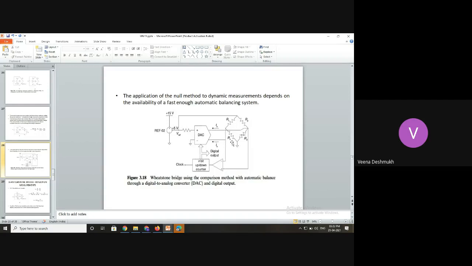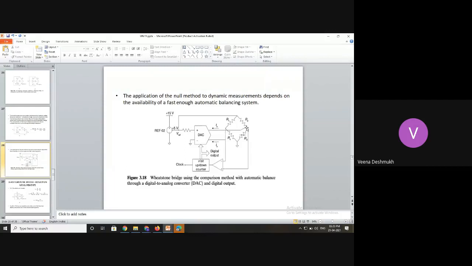Now you can see here a slightly different version of the circuit we just now studied. Now what I mean by slightly different is here also you have the same bridge with the variation and one arm is nothing but the sensor resistor.